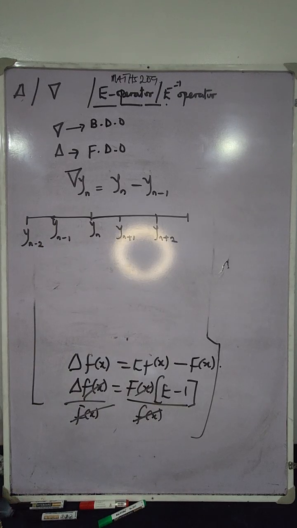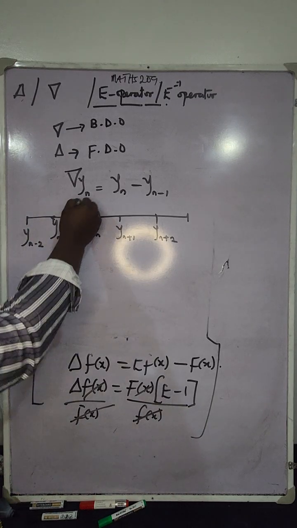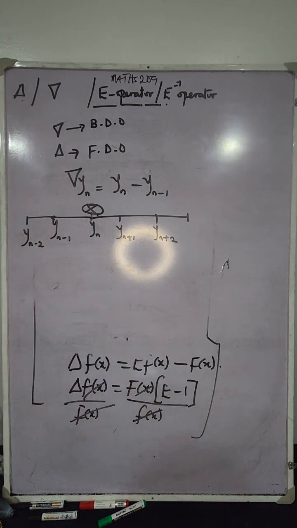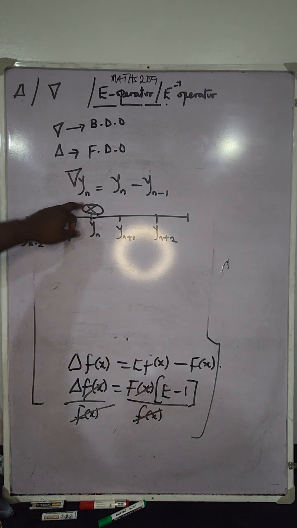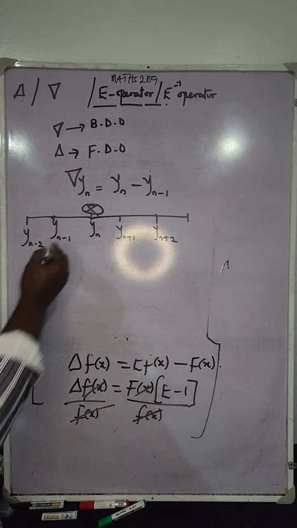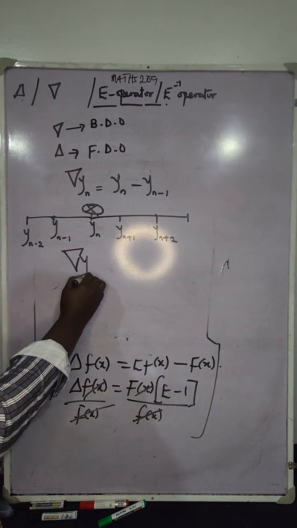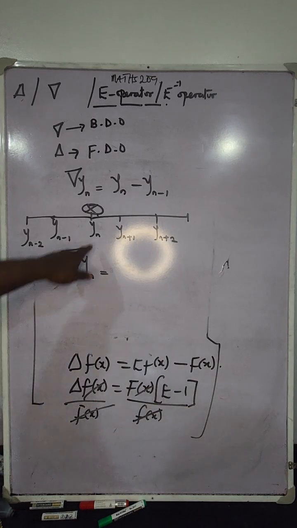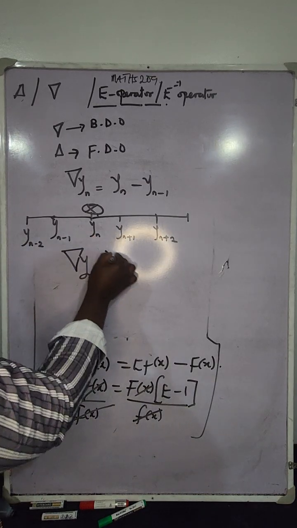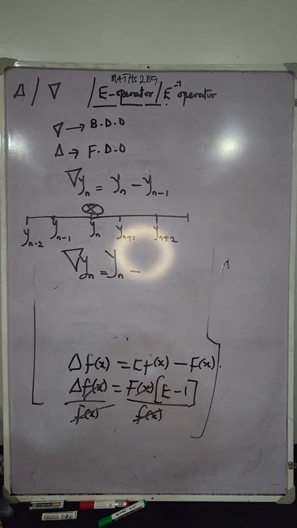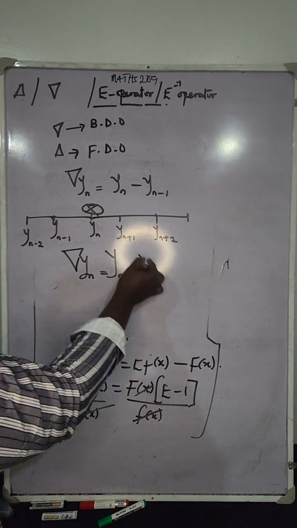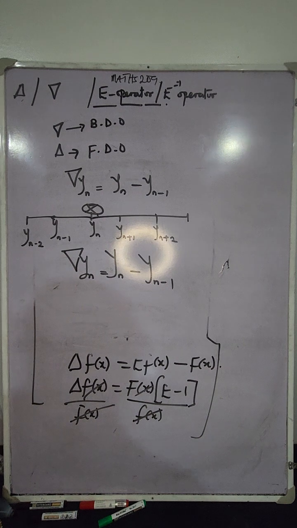If we are at this junction, what is the backward difference of yn? It is where we are right now, yn, minus what is at our back, yn minus 1. Did you see that?